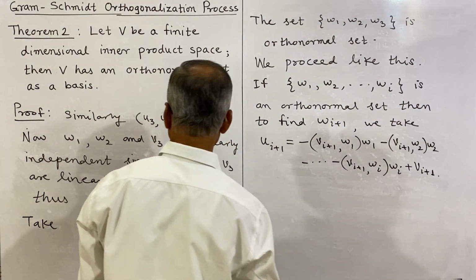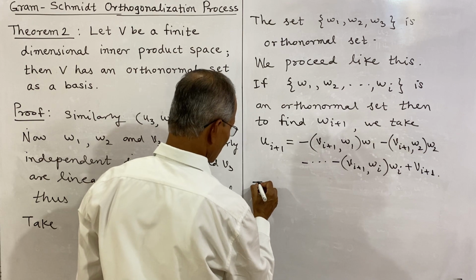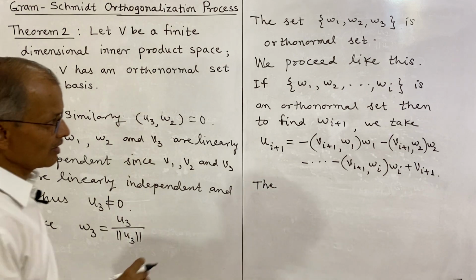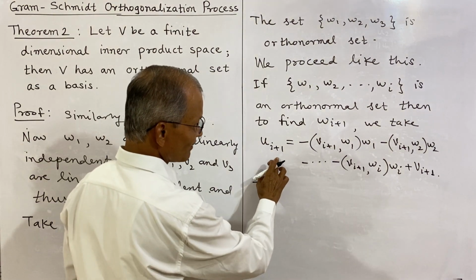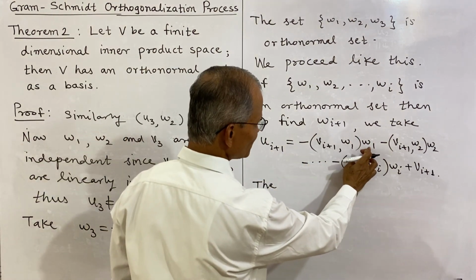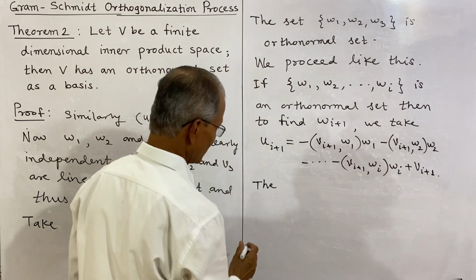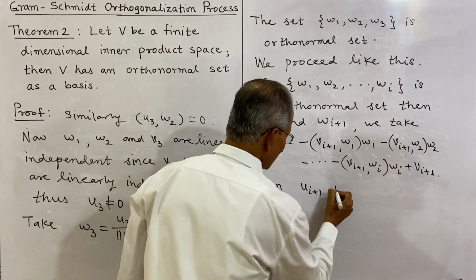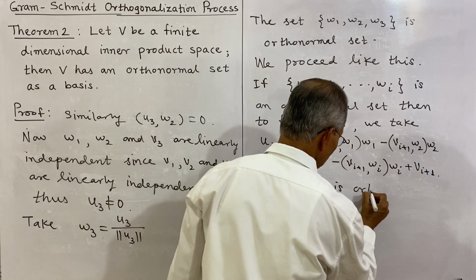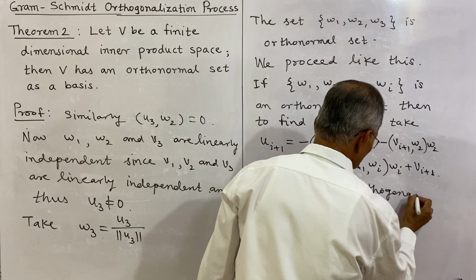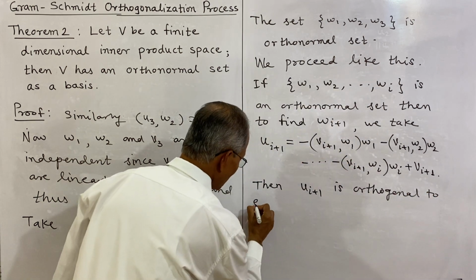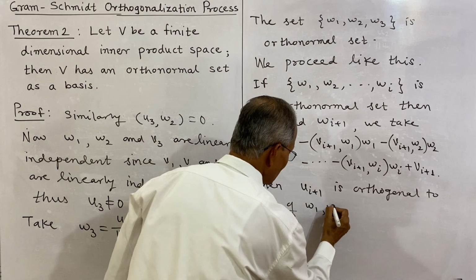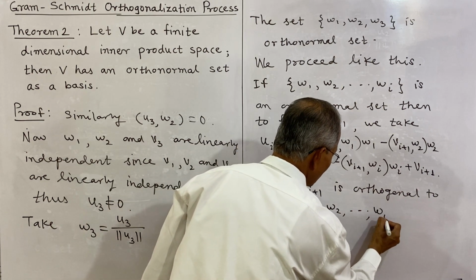The vector u_{i+1} is orthogonal to each of w1, w2 up to wi.